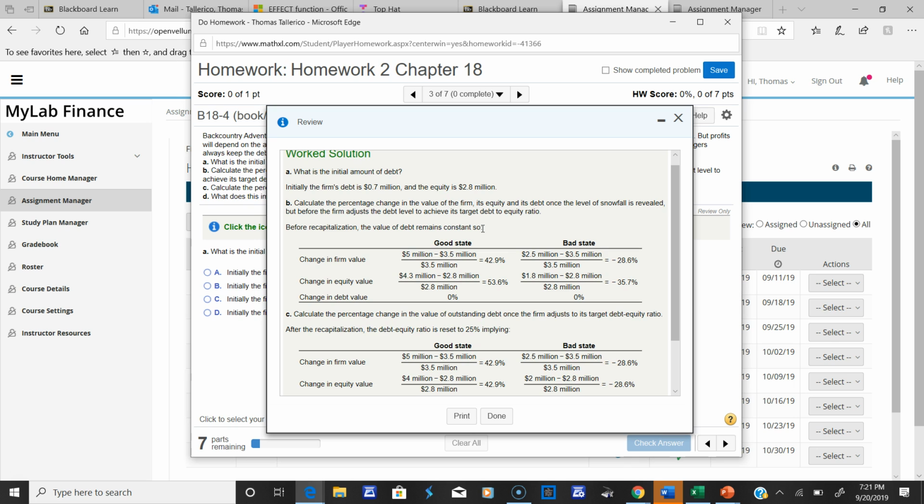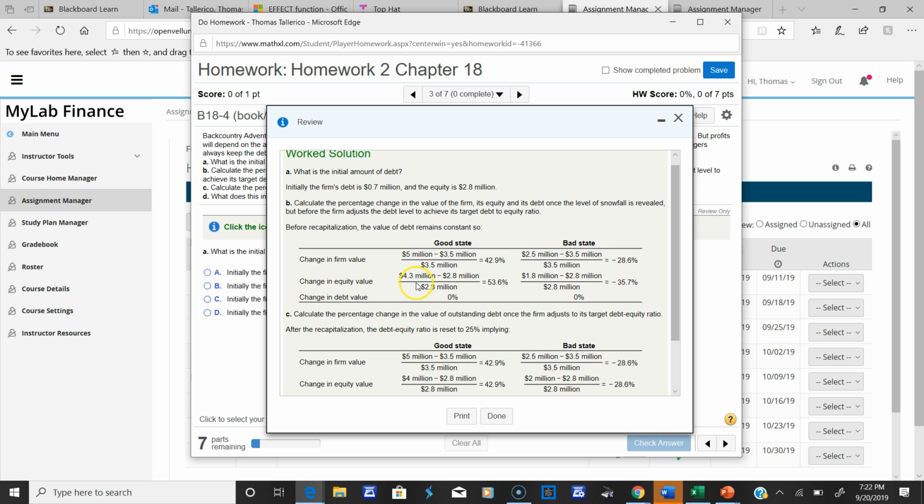They're not going to adjust the debt level. In a good year, the company would be worth $5 million, and in a regular year, it's 3.5. So the change in the firm value will be up 42.9% in a good year, and in a bad year it's going to be down 28.6%, because it'll be worth 2.5 million. This is the net change in the value of the company.